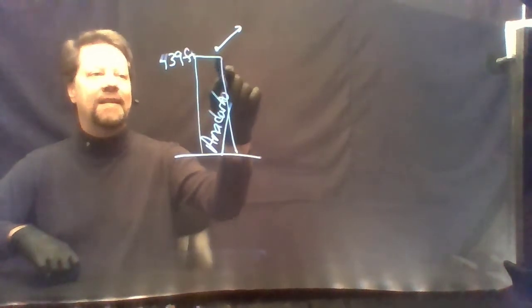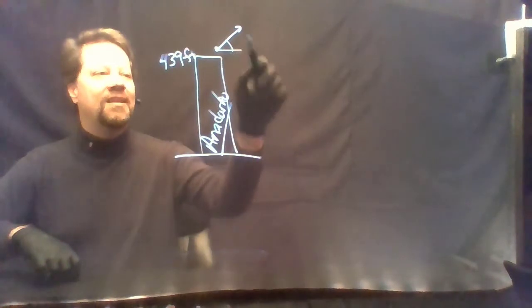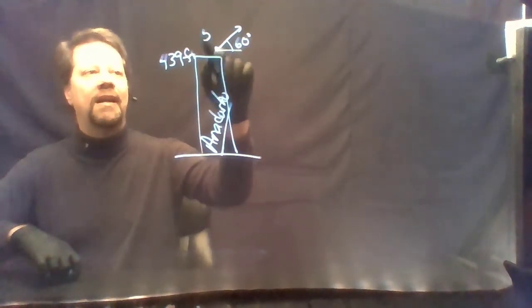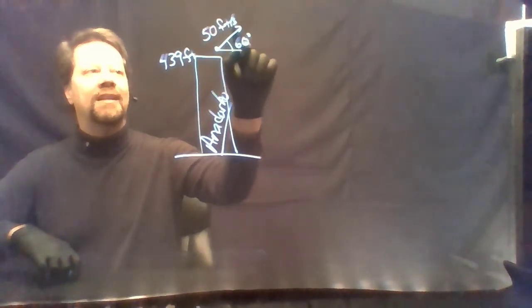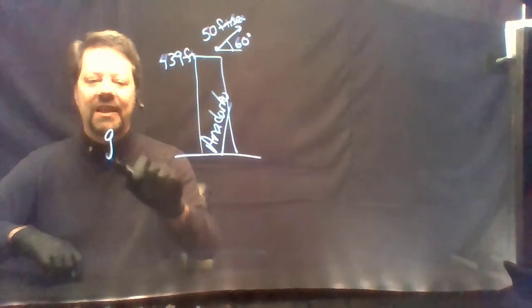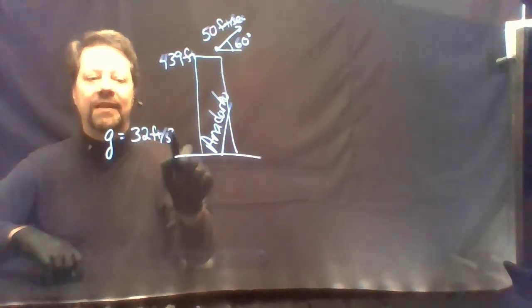We're going to assume that that's about the height from which the rock is released. Suppose it's released at an angle of 60 degrees from the horizontal and 50 feet per second. Since we're in English units, g, the acceleration due to gravity, will be 32 feet per second squared.